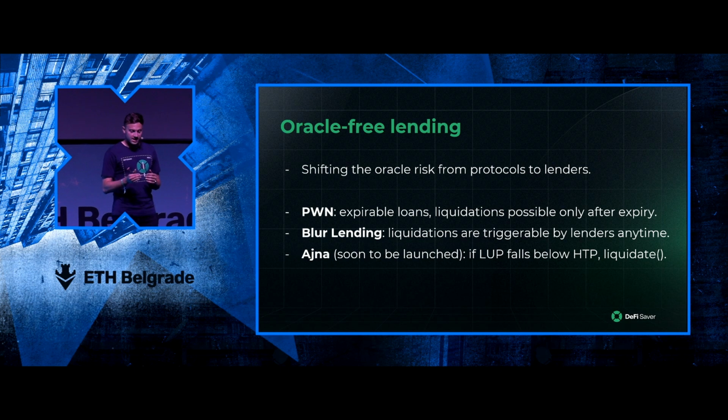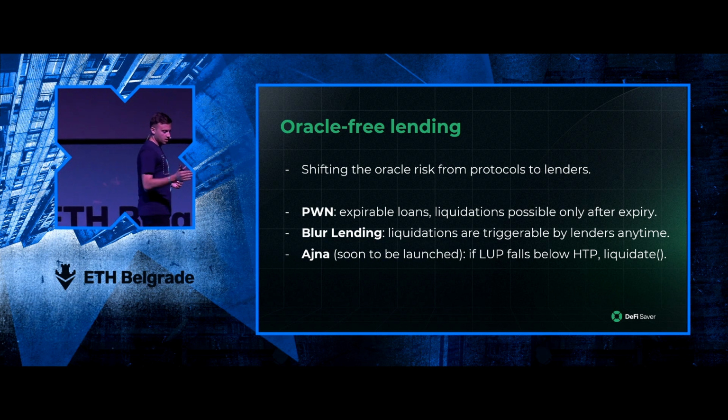And how they managed to shift the dependency from the protocol to the lenders is that they said, okay, liquidations can be triggered only by the lenders, by the ones who provide ETH as liquidity. That can be done anytime, and here the important difference compared to Pawn Finance is that loans are perpetual, just like we used to in DeFi.